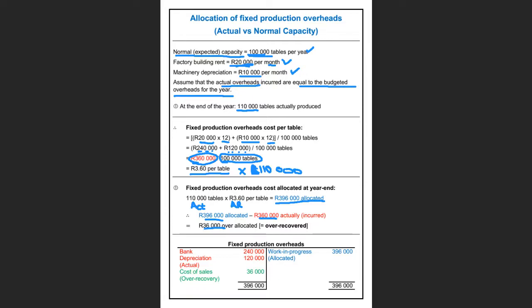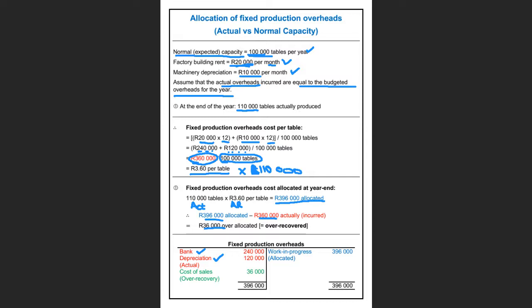You see that? Now let's have a look at the journal entries and see if we agree with what they are telling us. We're going to have bank on the credit side of the expense. We're also going to have depreciation, which means we calculated depreciation: debit depreciation, credit accumulated depreciation.